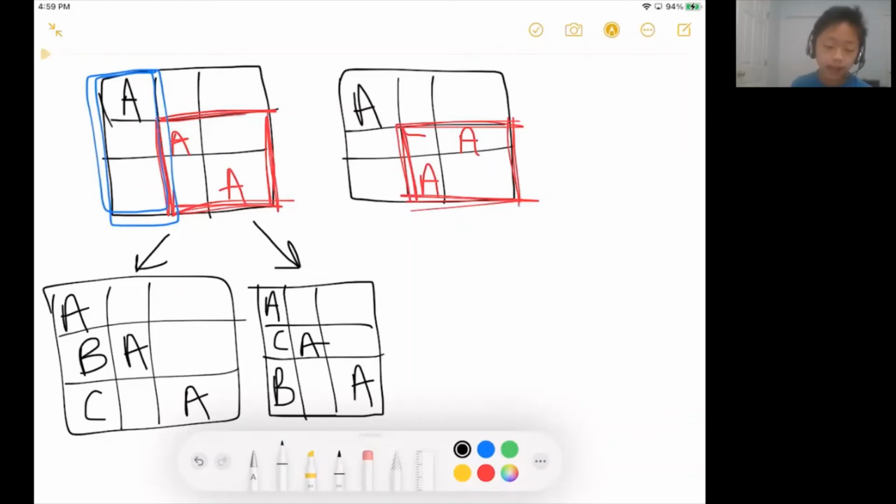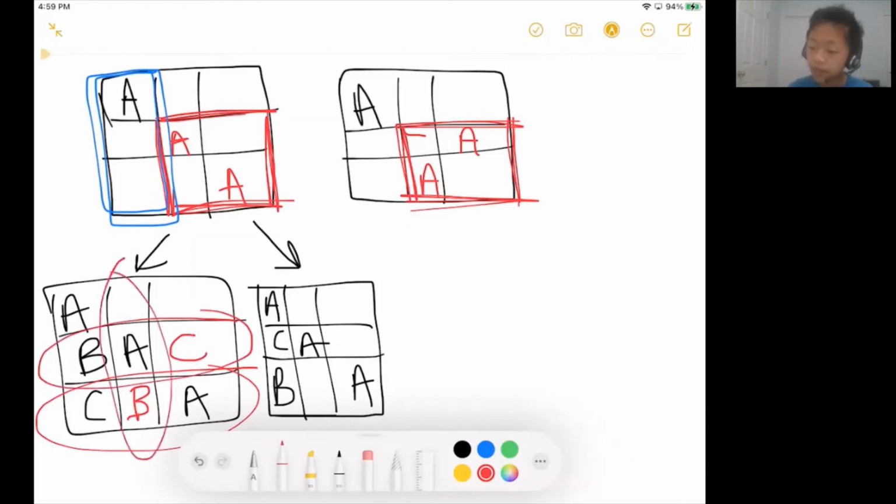So now it turns out it's quite simple, because if we look at the first case, if we take a look at this bottom row, you already have an A and a C, so this one must be a B. Here you have a B and an A, so this one must be C. Here you have an A and a B, so this one must be C. And here you have an A and a C, so this one must be B. So what that tells us is that once we've got these black letters, A, B, C, fixed, the rest of the grid, the red letters, is already fixed.